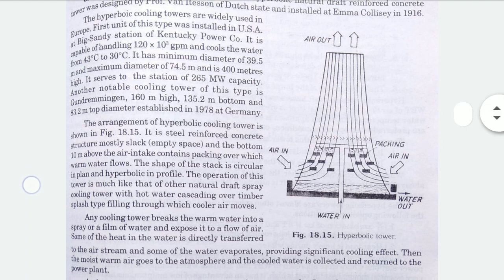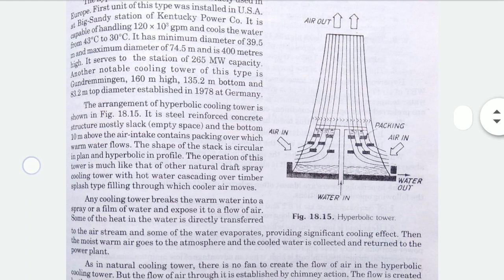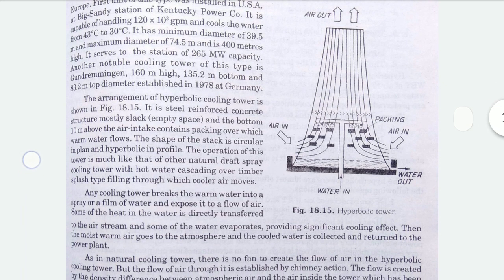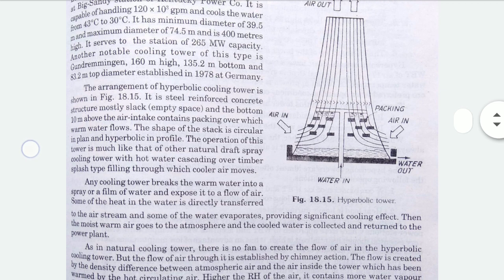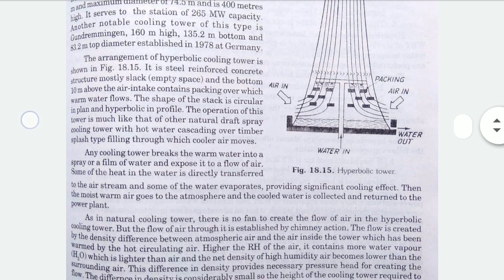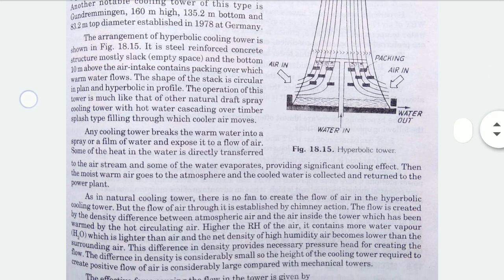The operation of this tower is much like that of other natural draft spray cooling towers, with hot water cascading over timber splash type filling through which cool air moves.